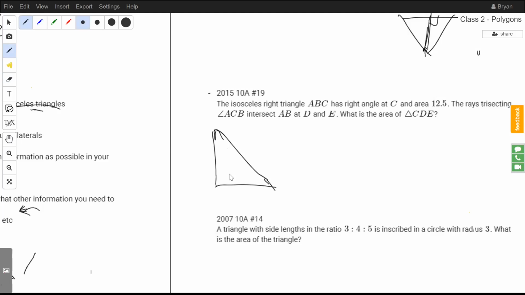So anyway, we have A, B, C, and the angle trisectors, which basically means that each of these angles is 30. But we won't label that because the diagram is too small for that.